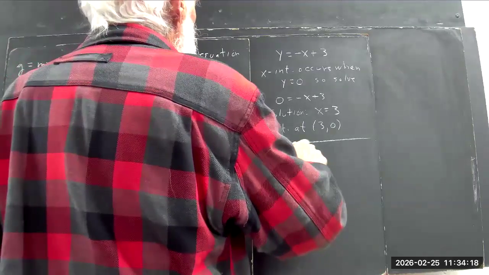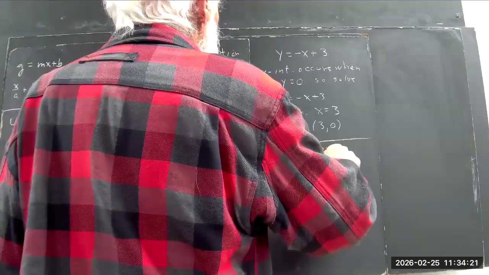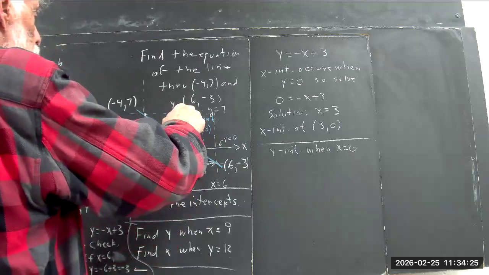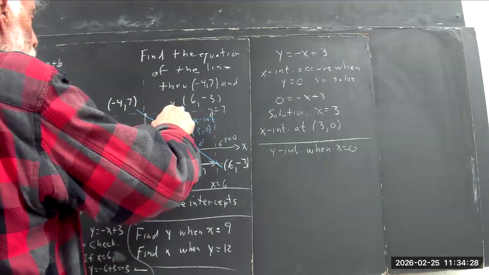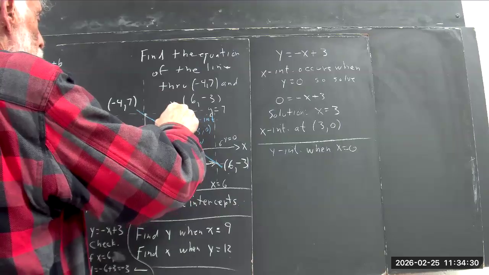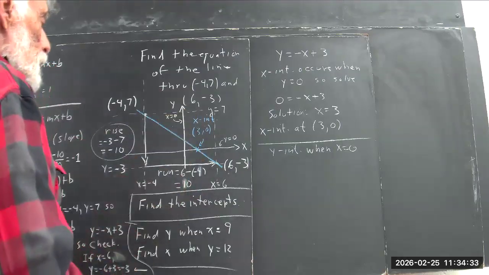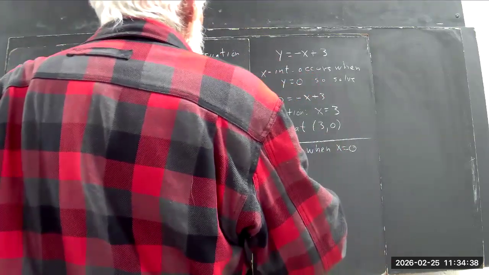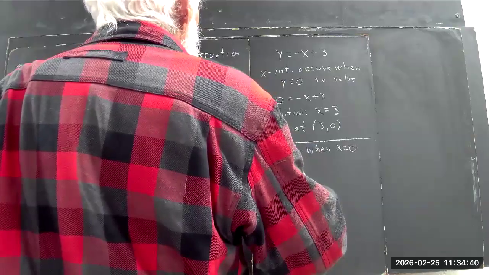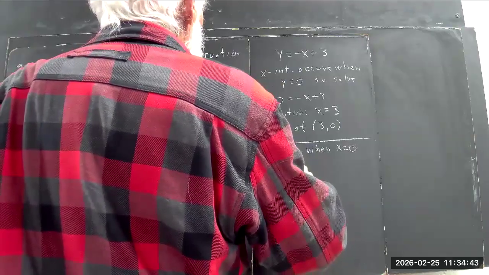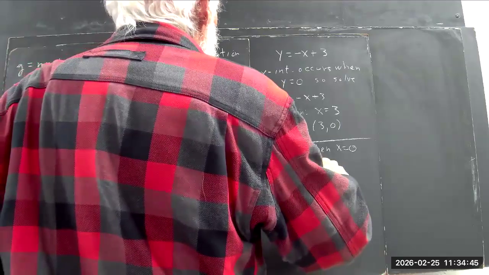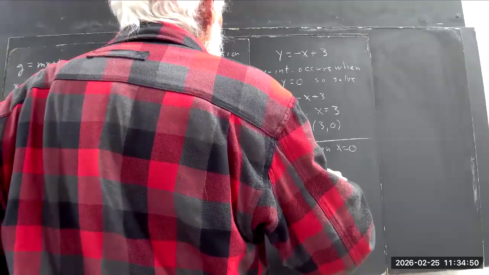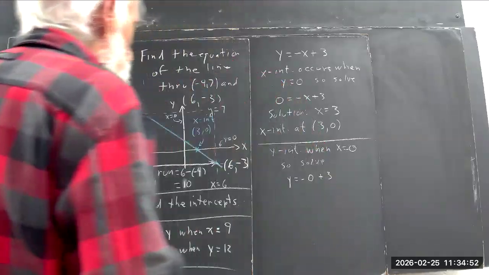The y-intercept occurs when x equals 0. Okay, here's the y-axis. Say x equals 0 on the y-axis. So the y-intercept occurs when x equals 0. So solve y equals negative 0 plus 3.